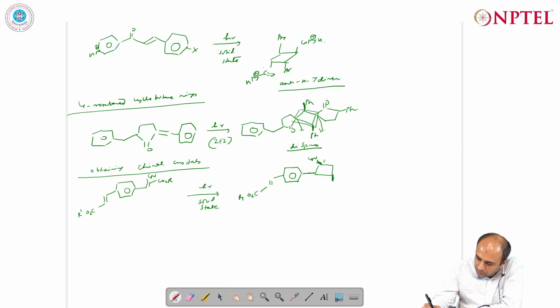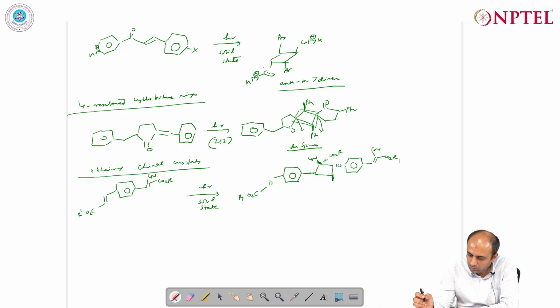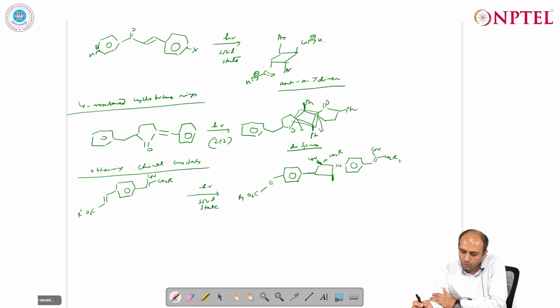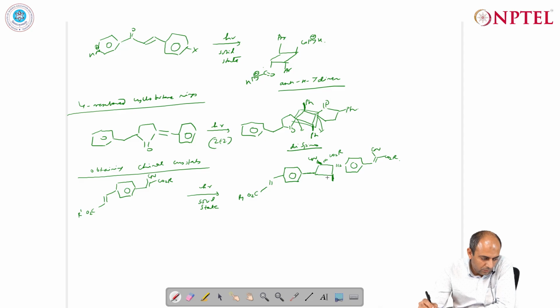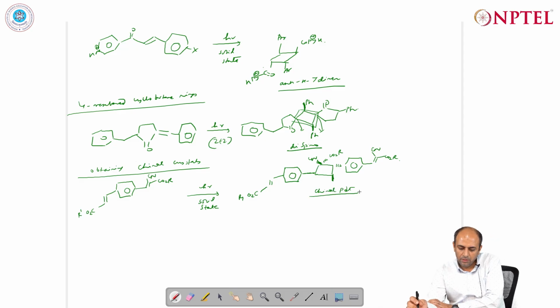This is cyano, this is the ester, and we have cyano and the CO2R2. So we can now see that this particular chiral product has been formed.